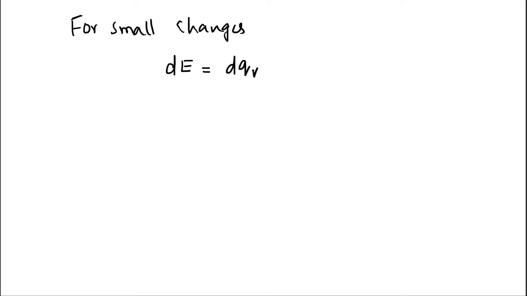So this is the heat change at constant volume. So heat change at constant volume simply results in the internal energy change.